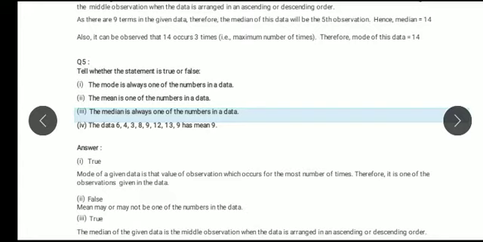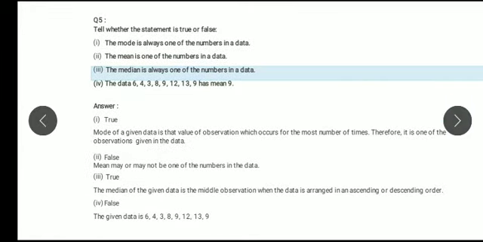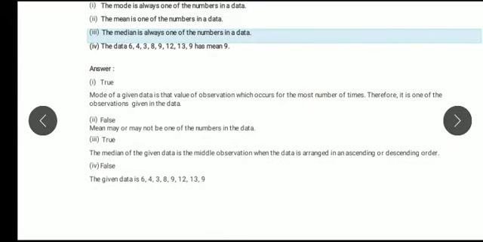Now for the mean, we are dividing by the total numbers, so it can be or it cannot be. So it may or may not. The median is always one number in the data. The median which you will get will always be one of the numbers in the data. The data has mean 9. So to check, add all these numbers and divide by the total numbers, you will get the mean.